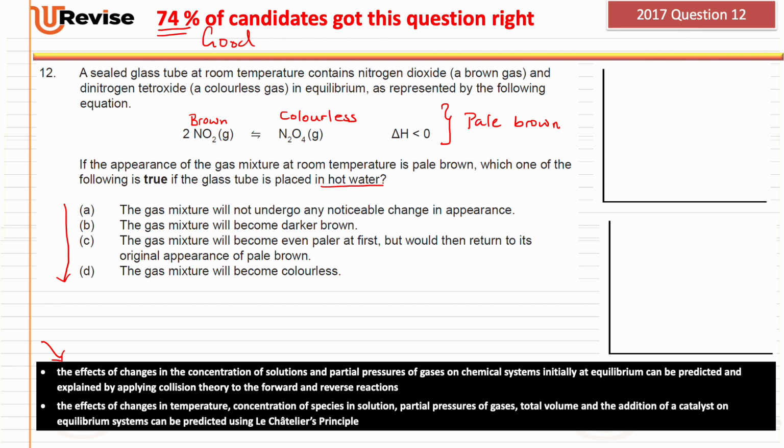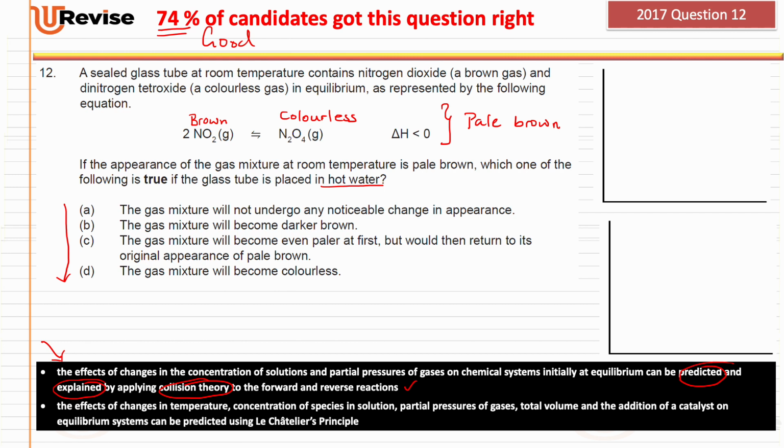The syllabus points read, the effect of changes in the concentration of solution and partial pressure of gases on chemical system initially at equilibrium can be predicted and explained by applying the collision theory to the forward and the reverse reaction. So what it's saying here is the collision theory can be used to predict and it can be used to explain.